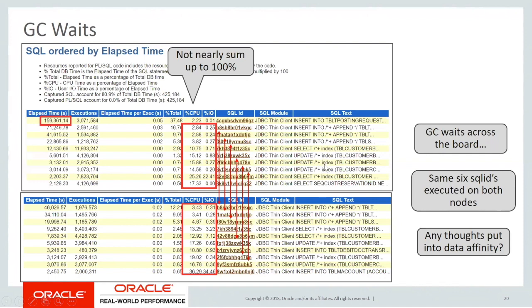It can bite you really bad, and in this case it bites them really bad: if you don't put any thought into data affinity when you start using RAC, you're very likely to end up with a lot of GC activity and the related wait events that come with this.